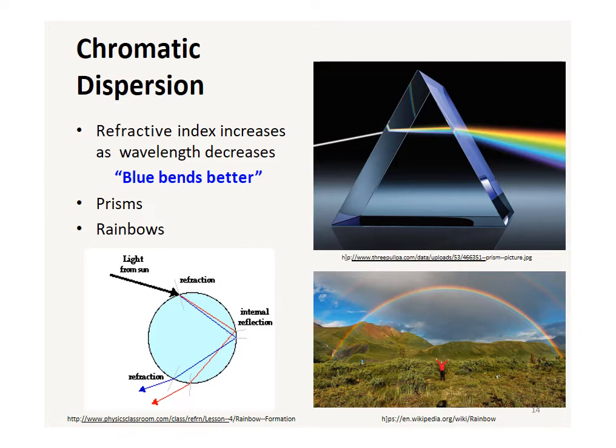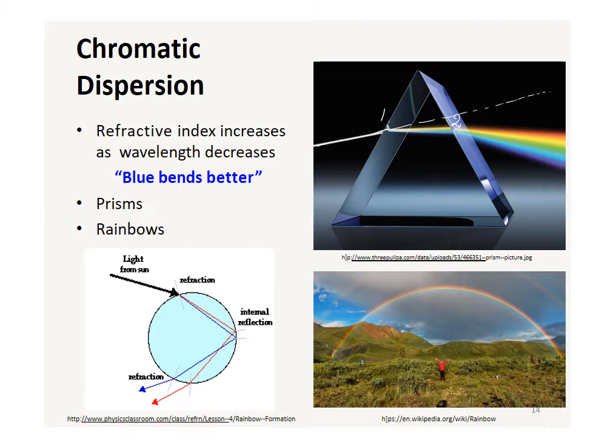Let's have a look at light coming through this prism here. It's refracted at 1 and at 2 interfaces. So we can actually look at the change in angle, the angle of deviation through the prism.